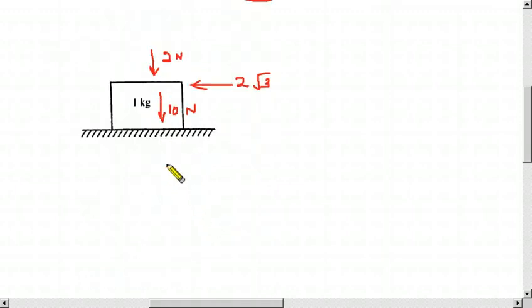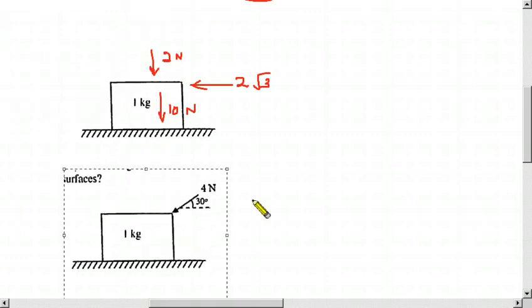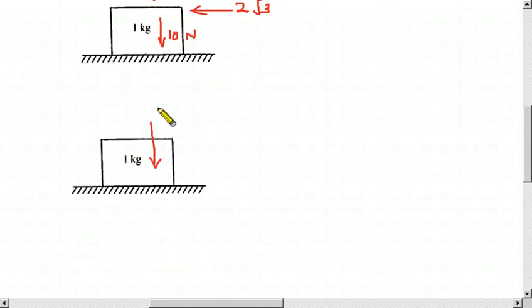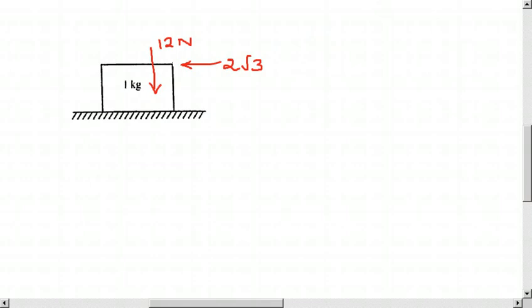So let us find the total thrust. Total thrust, that is 2 plus 10, because these both forces are in the same direction, so 12 Newton. So there is a force this way, 2 times root 3. Then this block begins to slide slightly this way.